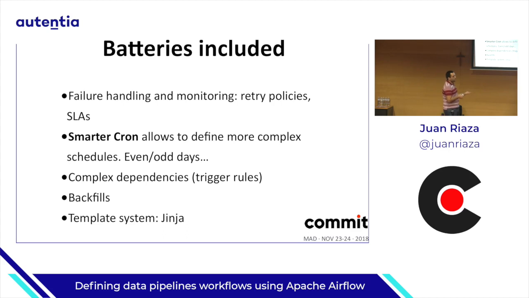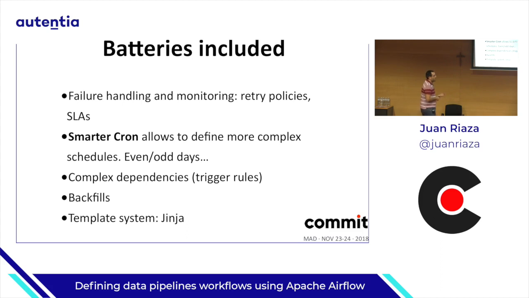We have a smarter cron. Why? Because we're using code for developing our DAGs. We can have really complex rules, such as whether it's an even or odd day. We can even call an external API to know if we need to run a DAG.